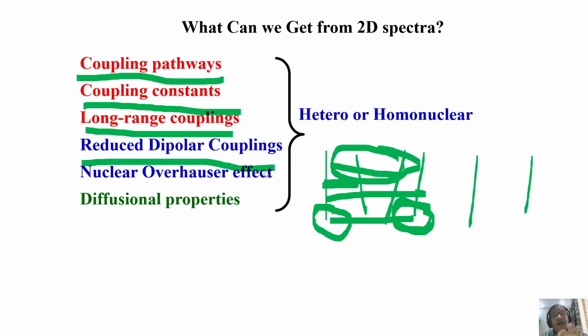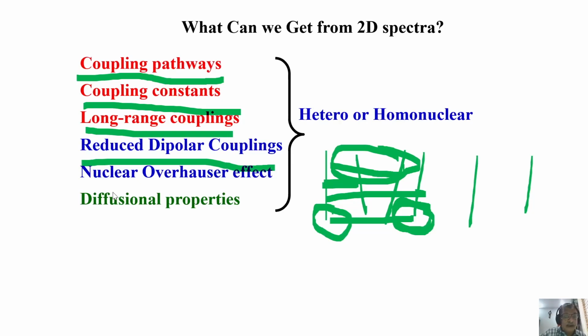These are called residual dipolar couplings, or RDCs, which are extremely useful in getting the structure of biomolecules. Many times in biological applications and biomolecular structure studies, these RDCs are used as constraints. We get this value to get the geometry information.